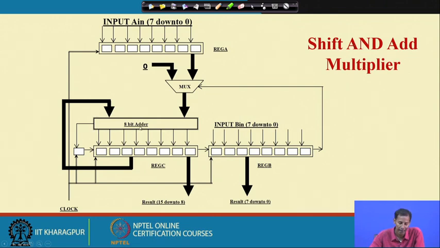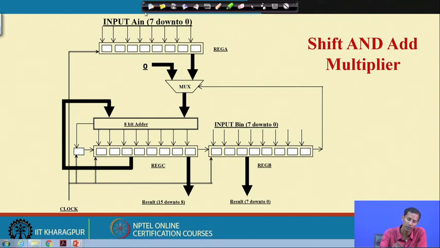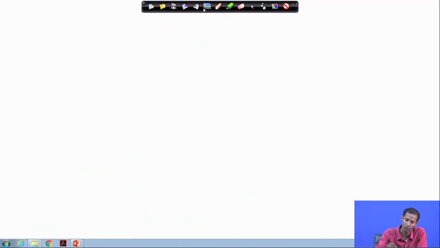After the addition, the sum will be stored in this particular register. Suppose I have to compute A times B, with A of 8 bit and B of 8 bit.